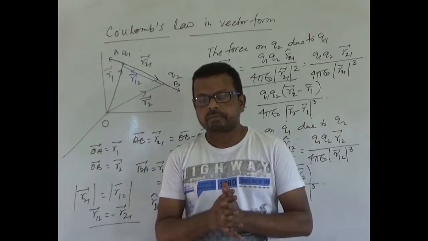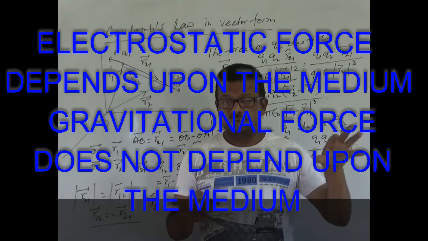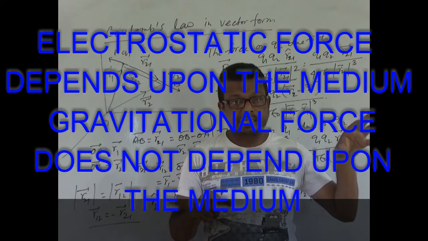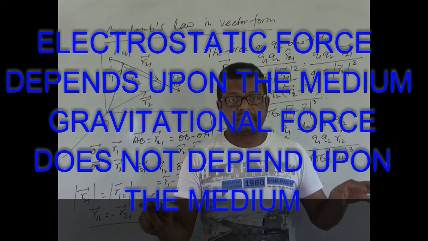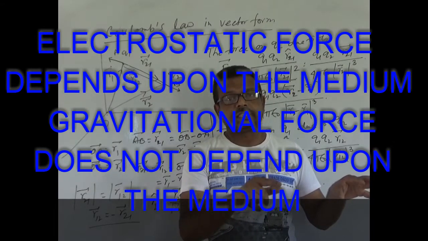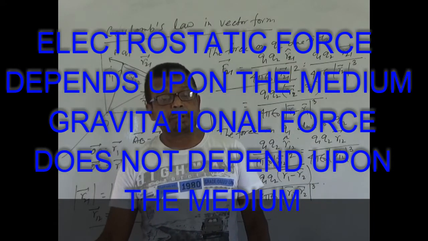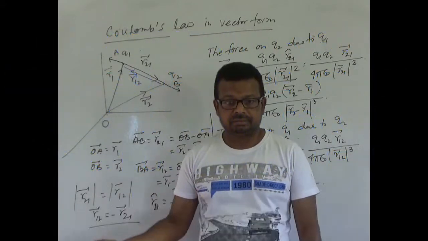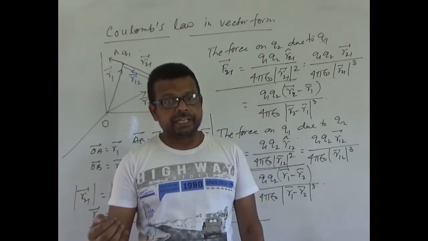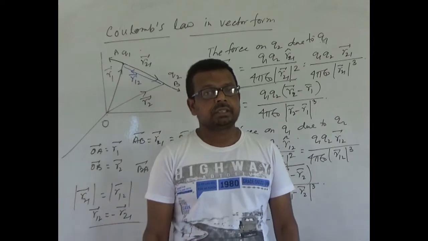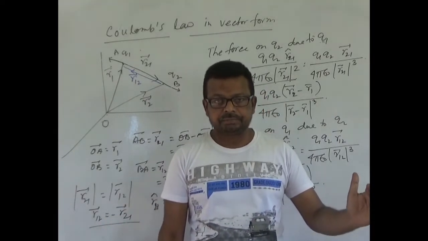But the electrostatic force depends upon the medium in which charges are placed, and the gravitational force does not depend on the medium in which masses are placed. This is one dissimilarity. Clear?